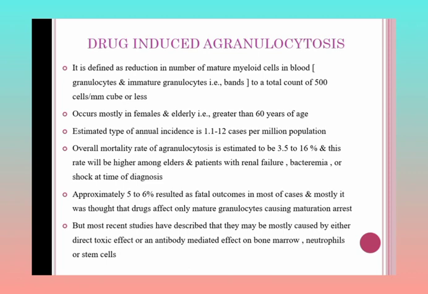Here the mature myeloid cells are the granulocytes and the immature granulocytes, which are also called bands. If the total count is less than or equal to 500 cells per cubic millimeter, then this is represented as drug-induced agranulocytosis.